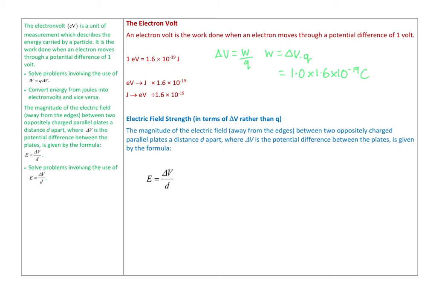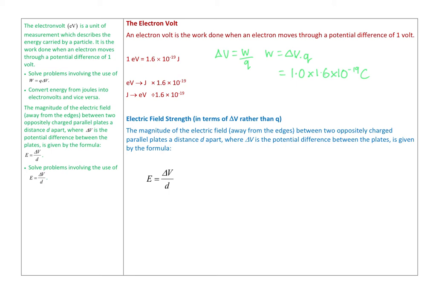You would have used that probably last year in the radioactivity topic when we talked about how much energy particles from beta decay and alpha decay and gamma decay and all that sort of thing have. So if you need to convert energy from joules into electron volts and vice versa, if you want to go from electron volts to joules, you times by 1.6 times 10 to the minus 19. If you want to go from joules to electron volts, you divide by 1.6 times 10 to the minus 19.